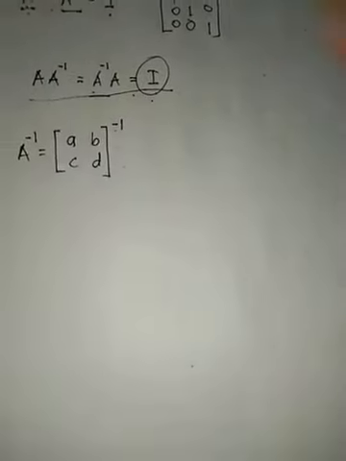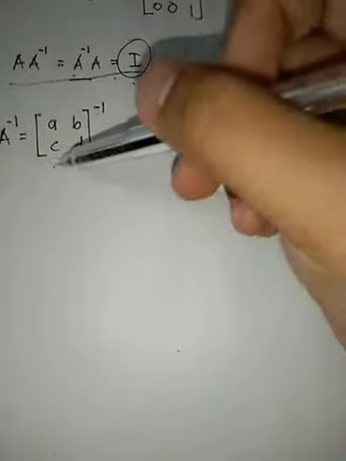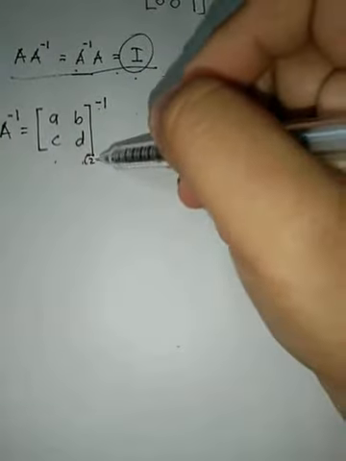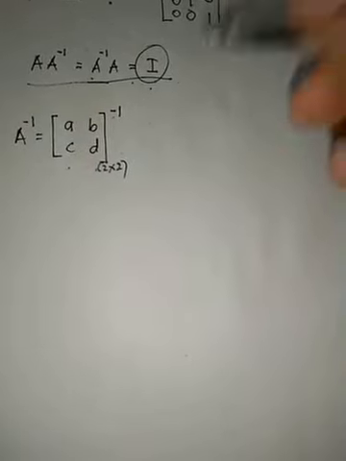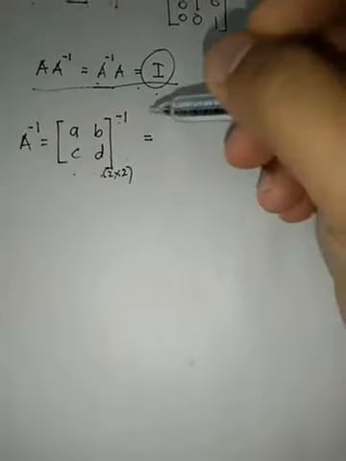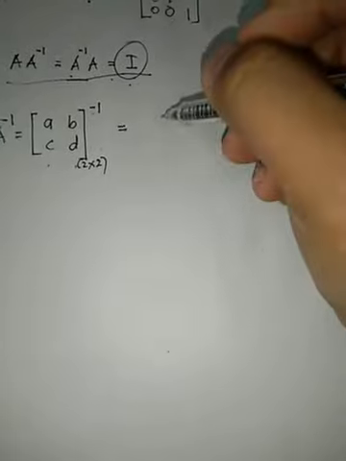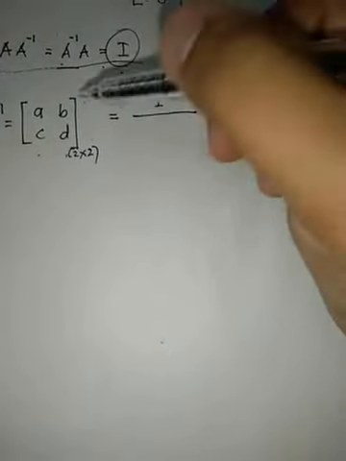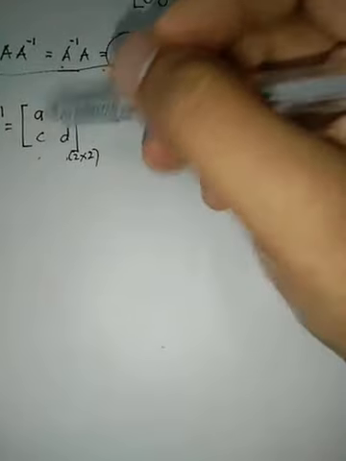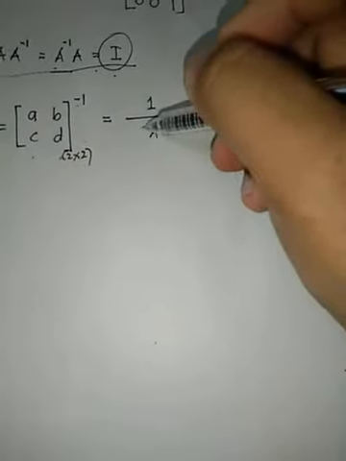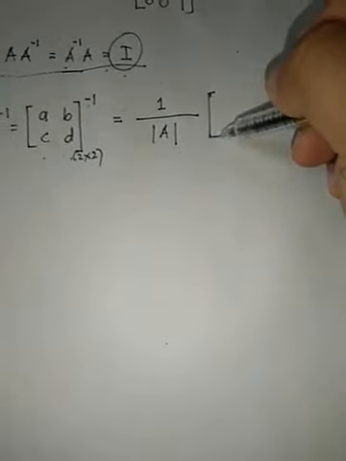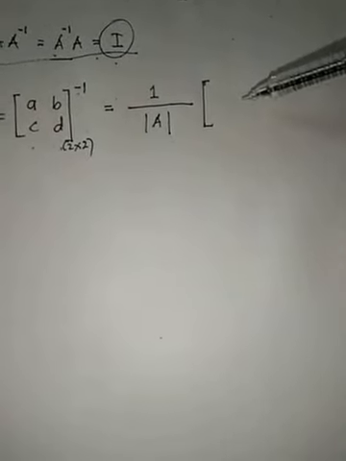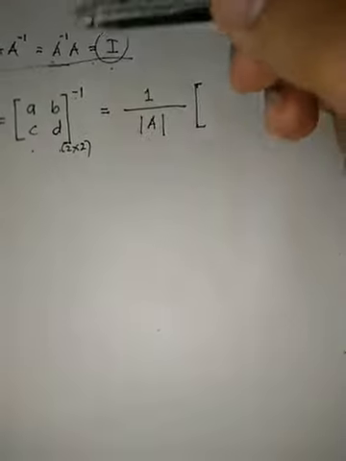So if we want to get the inverse of this 2 by 2 matrix, ang kanyang formula is this: 1 over the determinant of A, then ito.